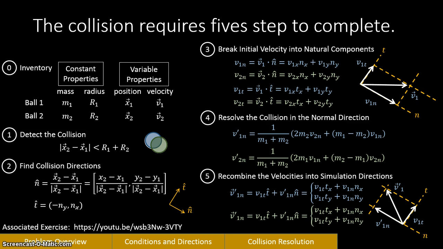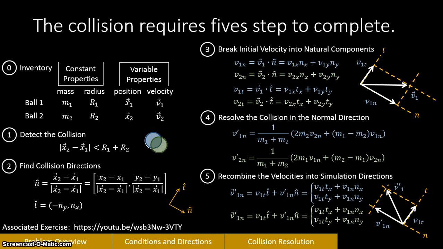So the new normal component of the first ball would be the old normal component of the second ball, and vice versa. The new normal component of the second ball would be the old normal component of the first ball. Same thing for each one, just be consistent about everything. That's the reason why the M1 and M2 are flipped here, because you have to be consistent so you get the right signs.